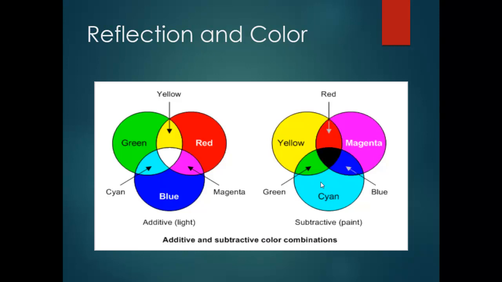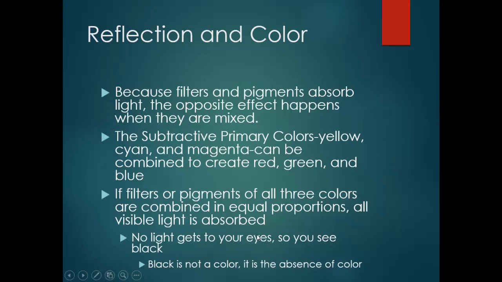When we mix red and blue, it gives us magenta; when we mix green and blue, it gives us cyan; and when we mix green and red, it gives us yellow. Because filters and pigments absorb light, the opposite effect happens when they are mixed.